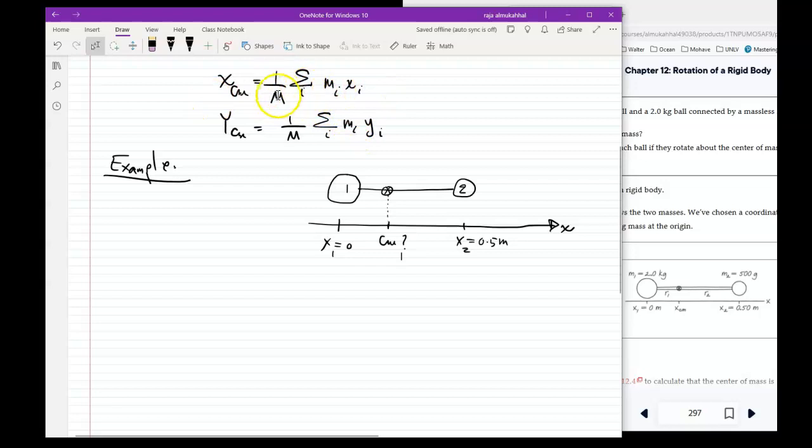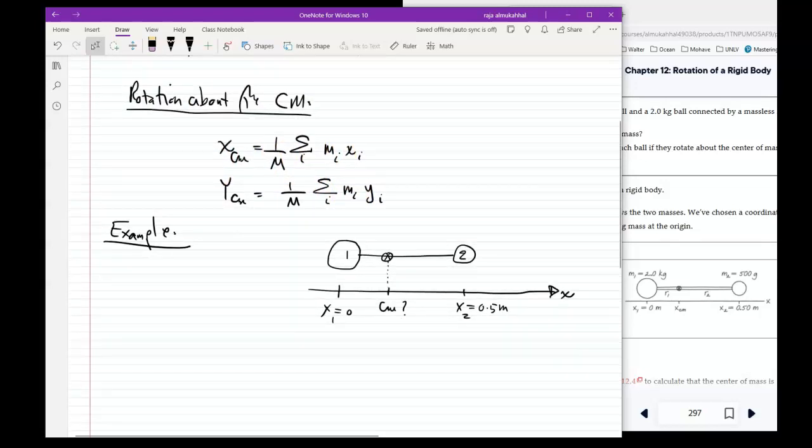But for the x-coordinate, let me rewrite the formula in a different way. If I have two masses here, I only got two masses, right? So here he says the sum of the mass 1 times the location of mass 1 plus m2, x2, and so on. So I can write it this way: m1 x1 plus m2 x2 over the big M, which is basically the total mass of the entire system. The mass of ball 1, mass of ball 2, and the mass of the rod.